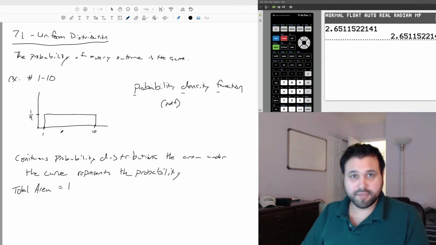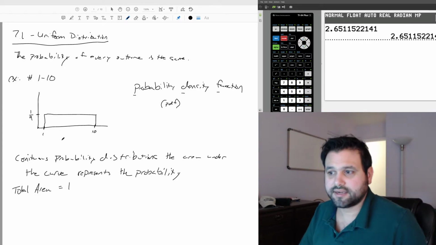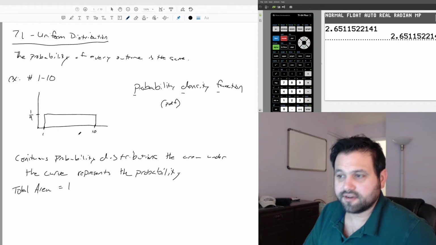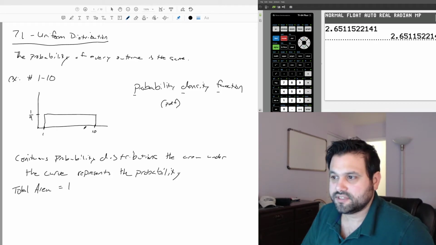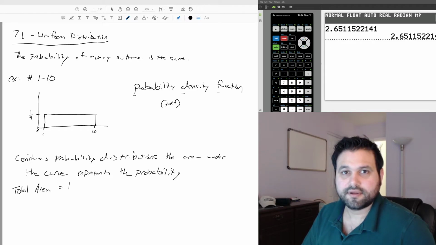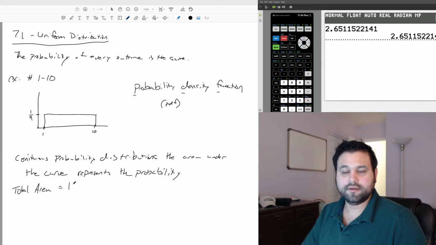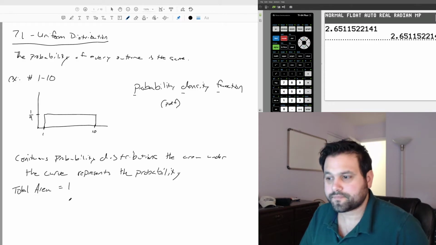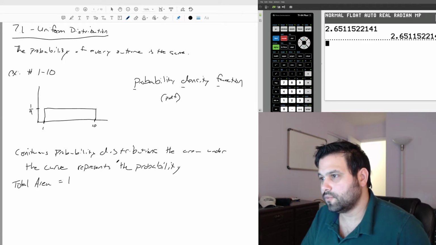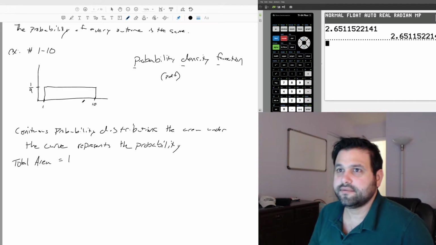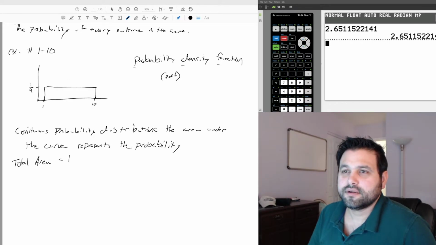Now we can make sure that that's correct, because what's the area of this rectangle? Well, this is a length of 9 times 1/9 width. 9 times 1/9 is 1, right? That's the total area.